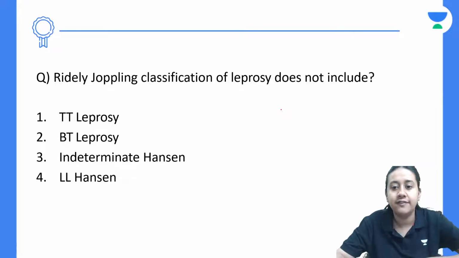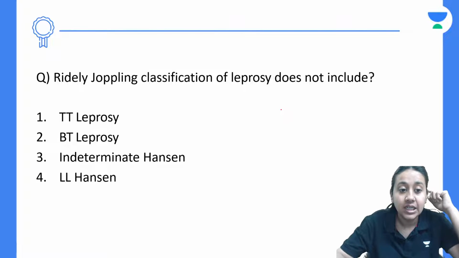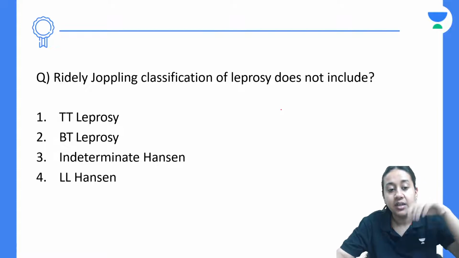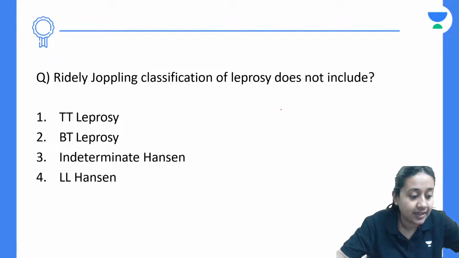Ridley-Jopling classification of leprosy does not include: TT leprosy, BT leprosy, indeterminate Hansen's, or LL Hansen's.